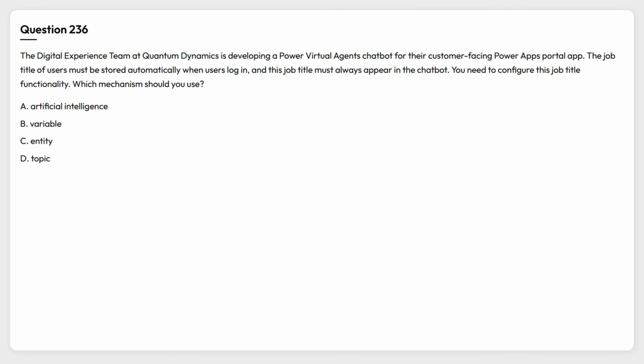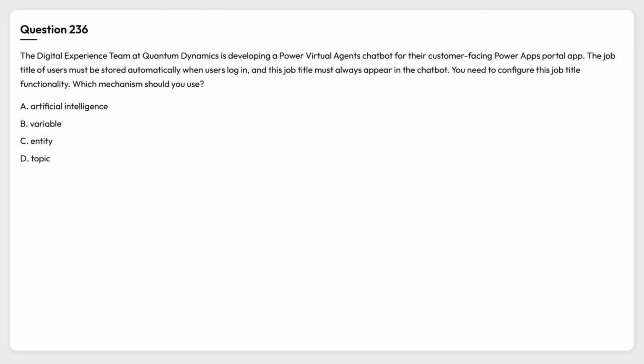Question number 236. The digital experience team at Quantum Dynamics is developing a Power Virtual Agent chatbot for their customer-facing Power Apps portal app. The job title of users must be stored automatically when users log in, and this job title must always appear in the chatbot.